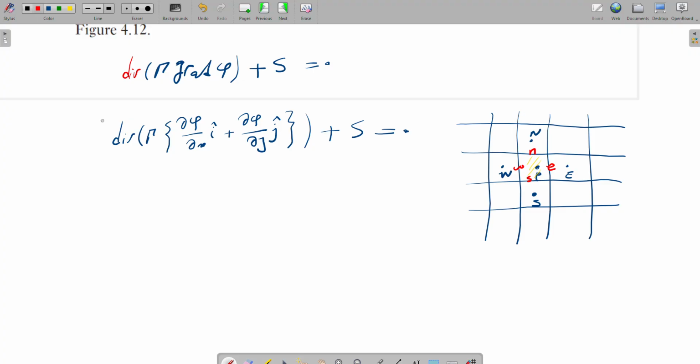We integrate over all control volume dV equals 0.